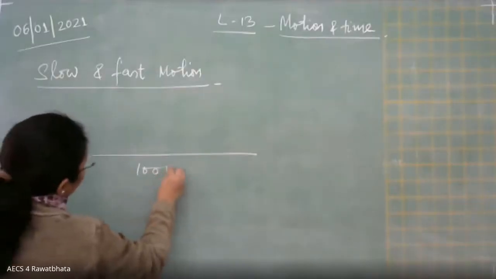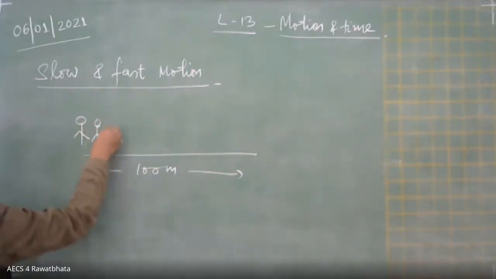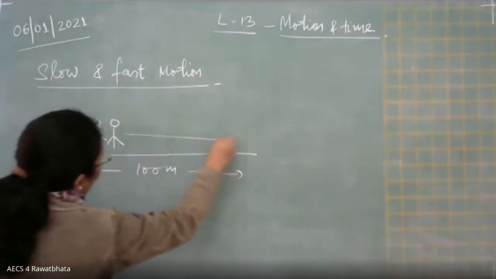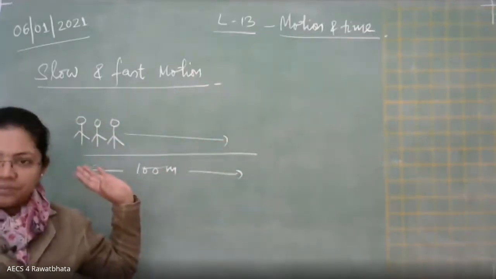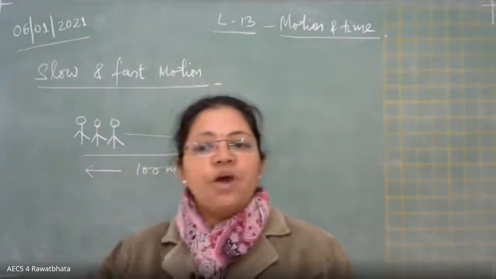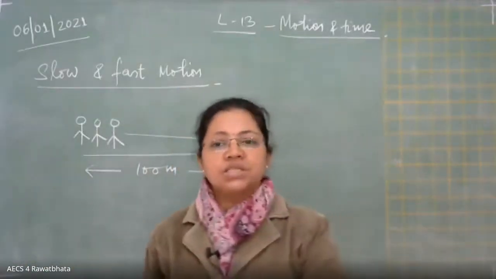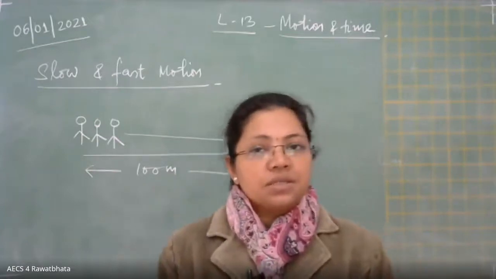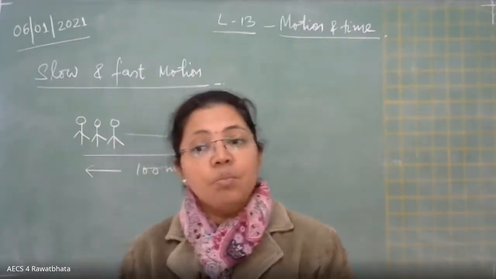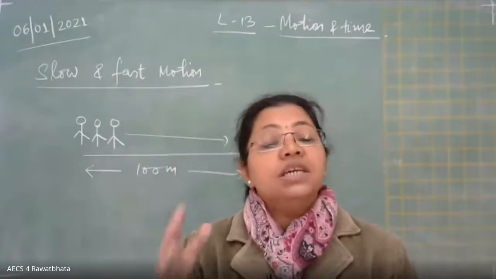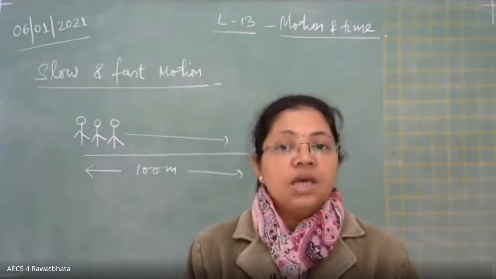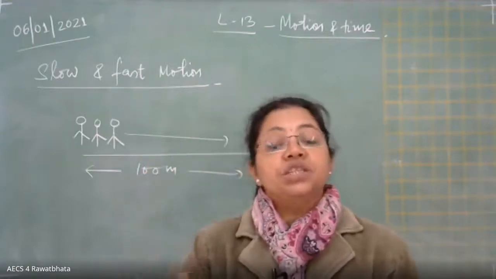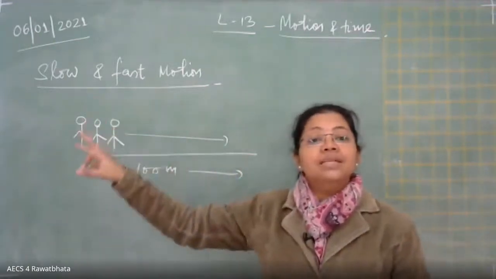This is like a 100-meter race. Yes, ma'am. So here 2-3 persons are going to participate in the race. They all have to move in the same direction. It never happens that one will go towards east and another towards west. Why is it so? The reason is that when different bodies or objects are moving in the same direction, it becomes very easy for us to guess their speed, to guess which one is moving faster.